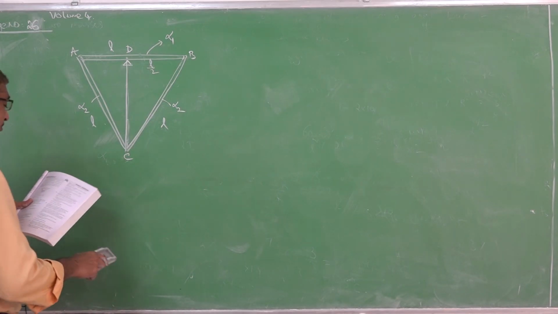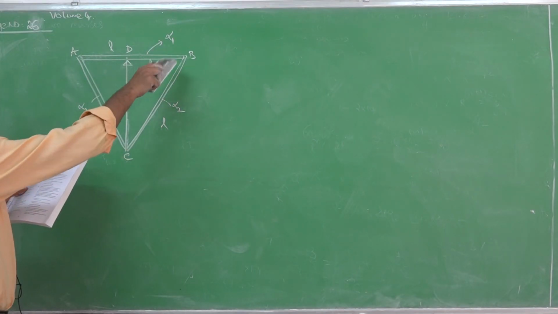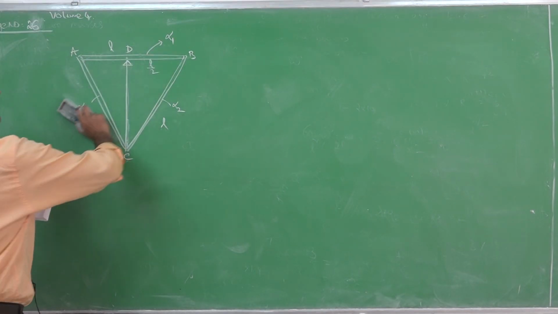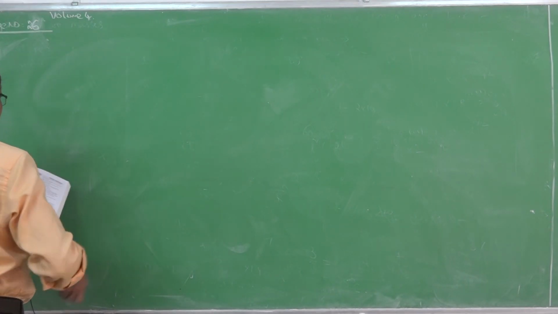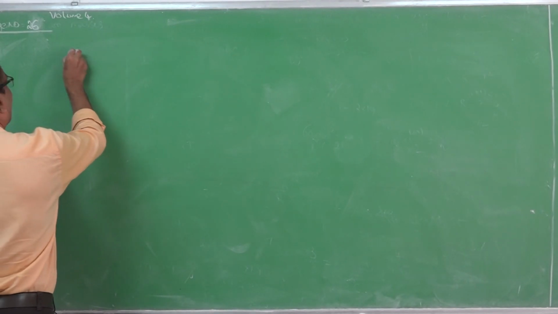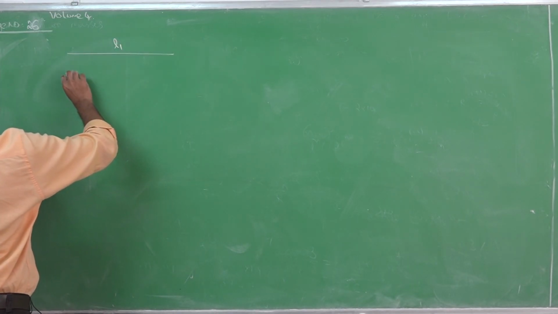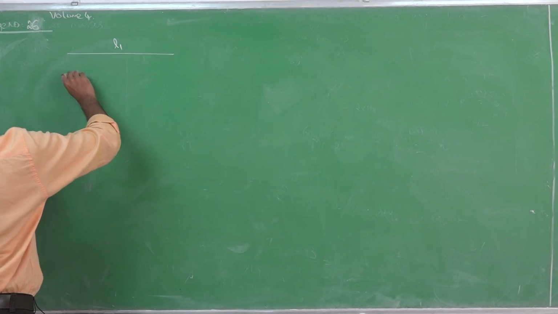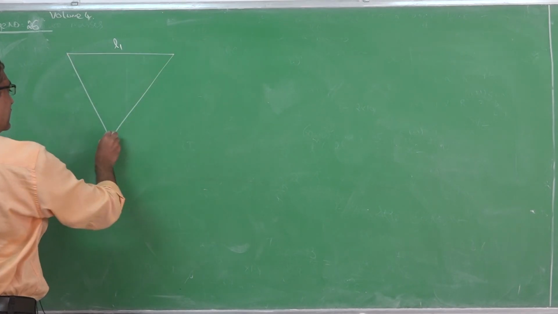Similar one actually. A compensated pendulum of a clock consists of two isosceles triangular frame, base length L1, supported by two isosceles sides of length L2, like this.